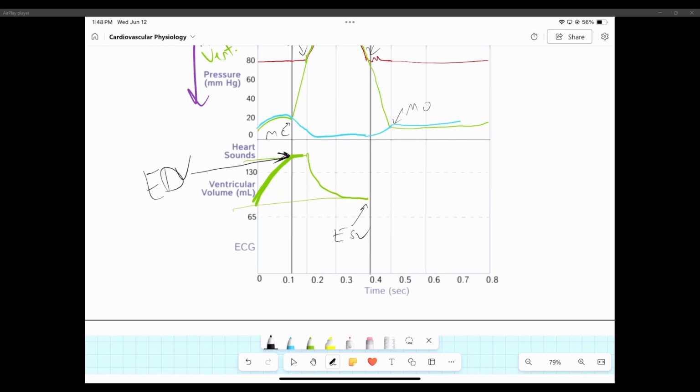That makes sense. Okay. Now, what's the first phase of diastole for the heart? Isovolumic relaxation. So is the volume of the heart going to change right now? Nope. We're no change. All the doors are closed. Can't go anywhere.